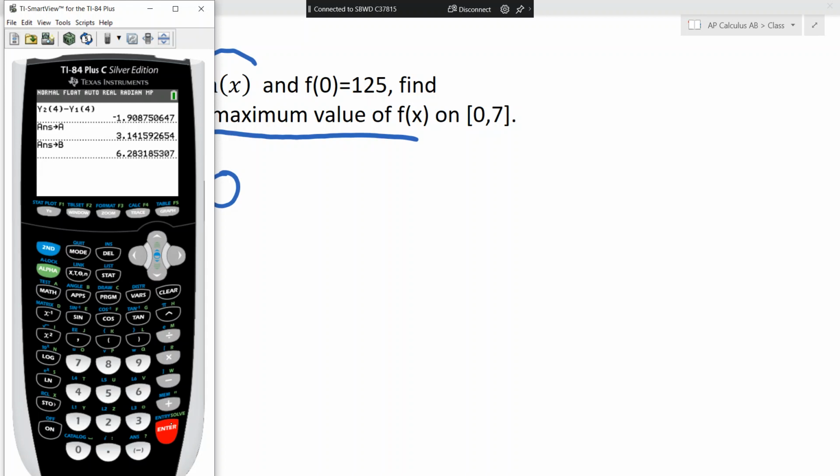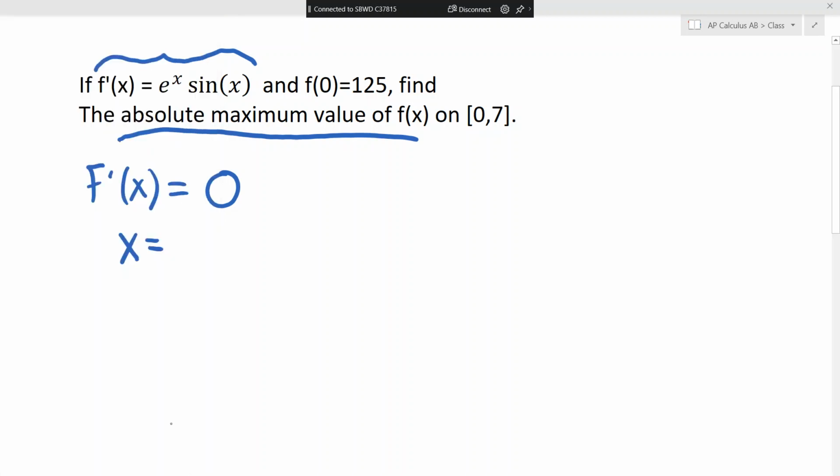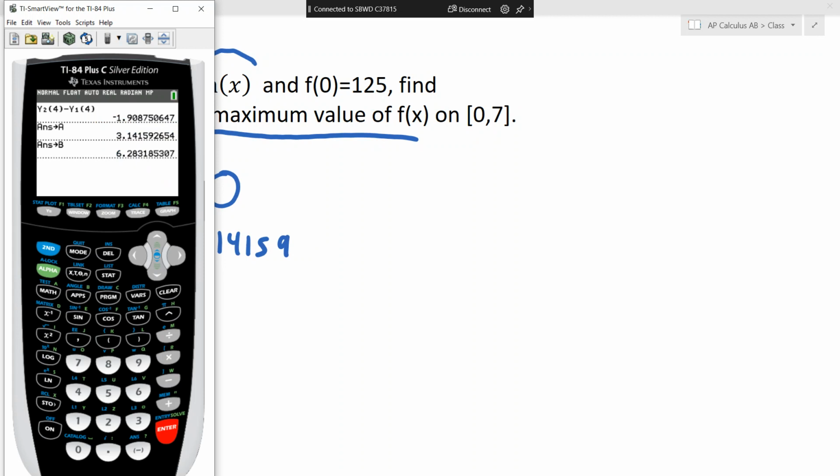On my paper, remember we wrote f prime of x equals 0? We're going to write the answers to that. And we're going to name them A and B, but we have to write the number out this whole way. So our first one, for right now we can write pi, but a lot of times it's not going to be a nice number like that. It's going to be like a weird decimal that you don't know how to represent with a symbol. Does that make sense? So we're going to write it out as 3.14159, I don't know the rest of pi, 2654?